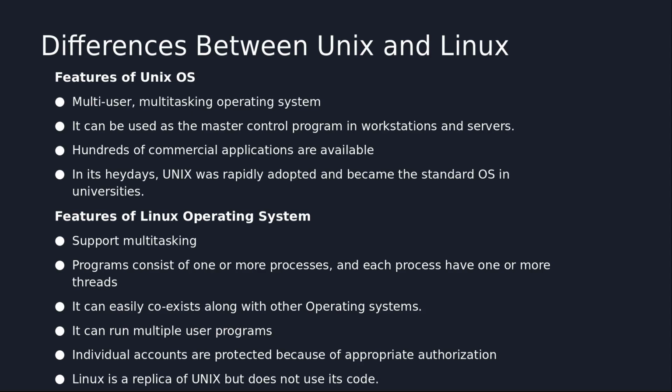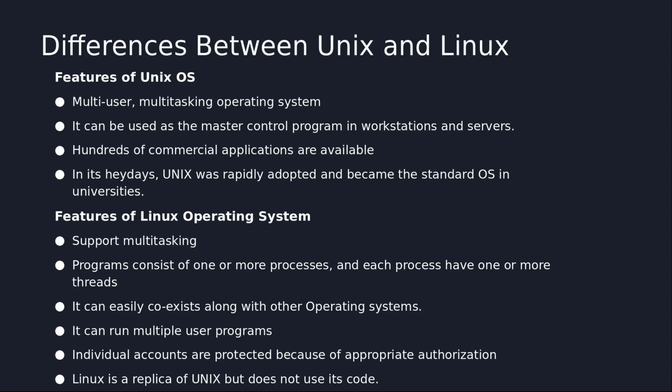Now, the features of the Linux, it supports multitasking. The programs consist of one or more processes, and each process has one or more threads. But the good thing is it can easily coexist with other operating systems, so if you're using Mac or Windows and you want to install Linux, that'd be fine.